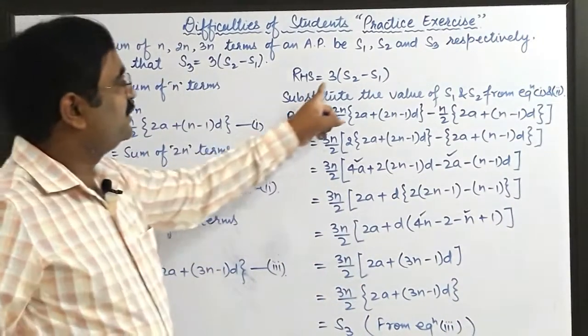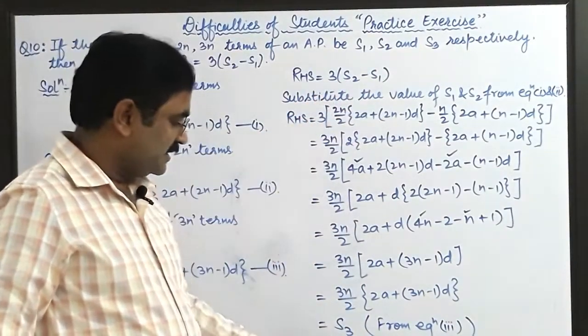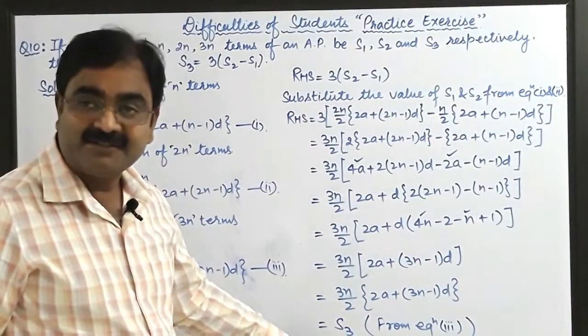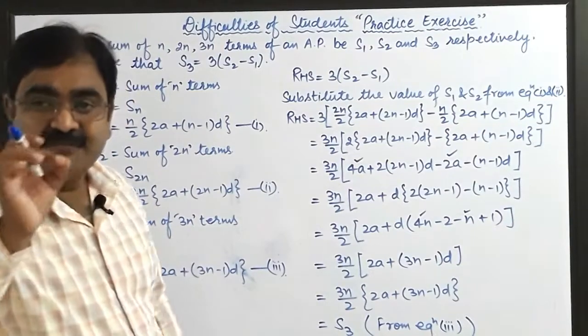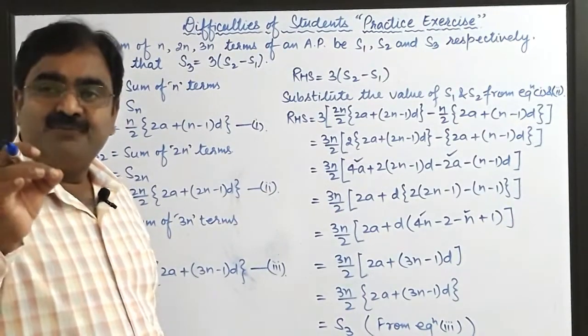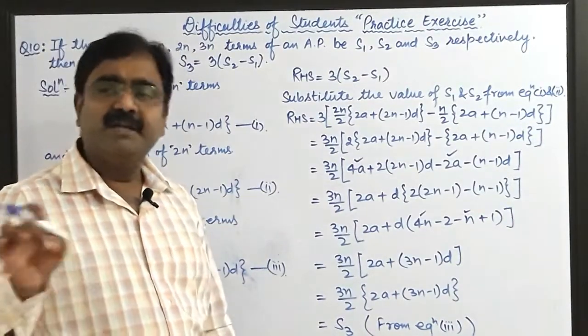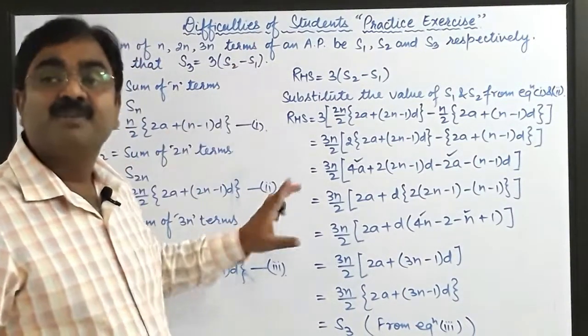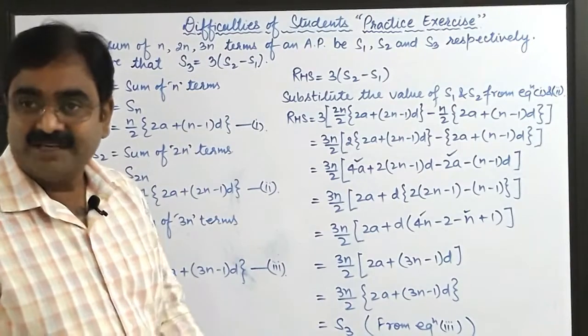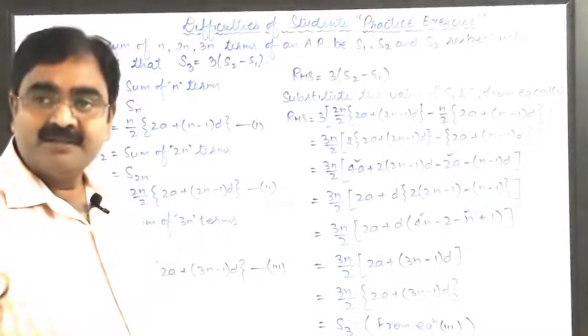This 3 into S2 minus S1 is equal to S3. Vidisha, you have to see each and every step. If you are facing any problem, you can tell me again, I'll solve it once again for you, right?